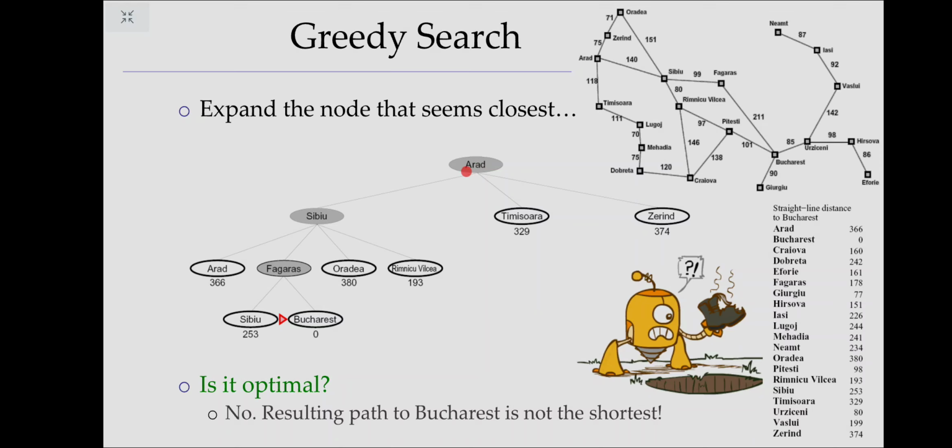Now we use greedy search on our example. Our example starts from Arad. Arad has 3 neighbors. The best neighbor of Arad with respect to h(x) is Sibiu because Sibiu's label is 253.